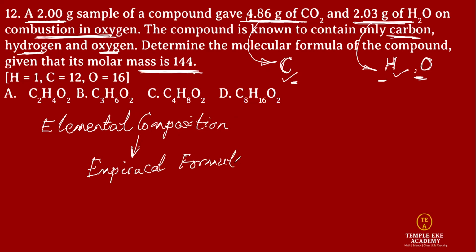And once we know the empirical formula, we can make use of the molar mass to obtain the molecular formula. We obtain the molecular formula using the molar mass provided. So this is the flow chart.